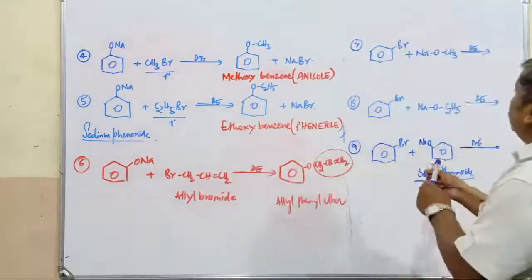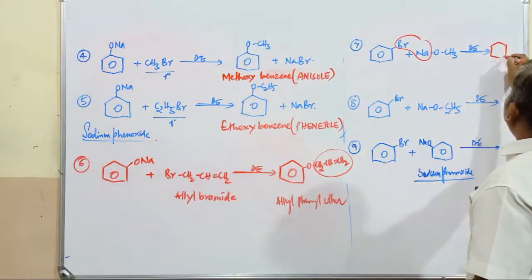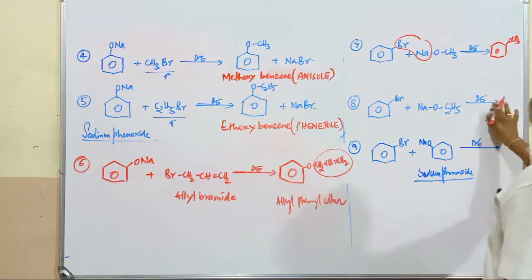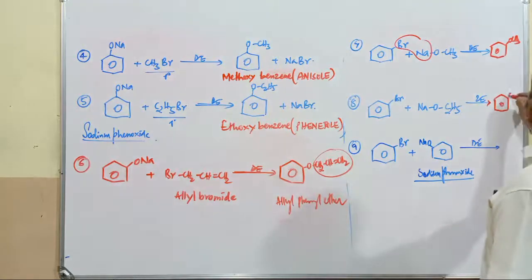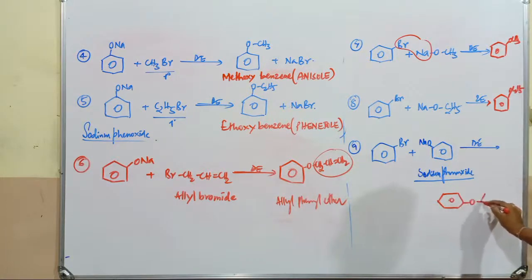Along with sodium bromide, the formation of OCH3, as you are thinking, and here also the formation of OC2H5, and in this one, what product is possible? O-Ph.